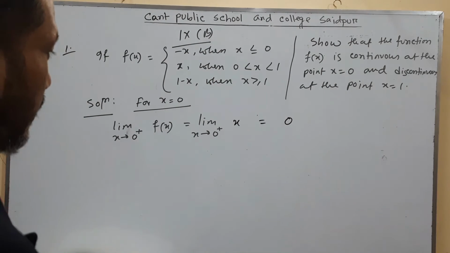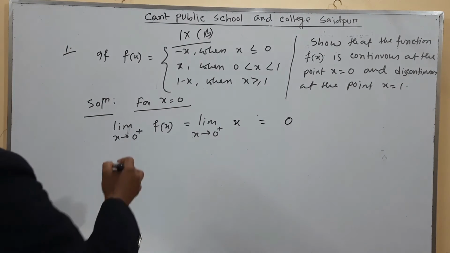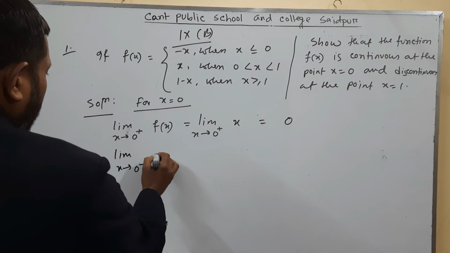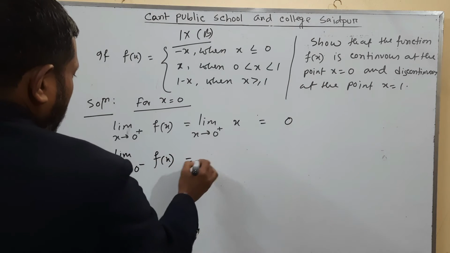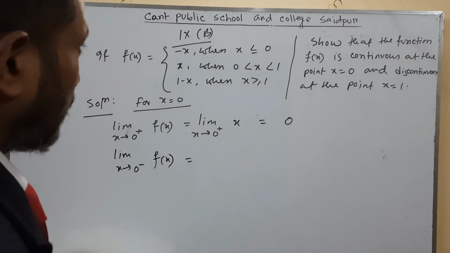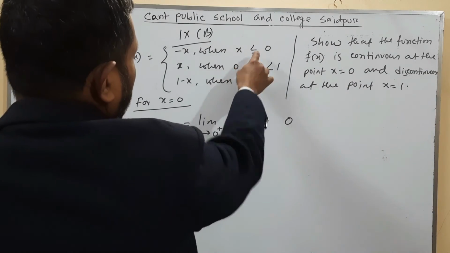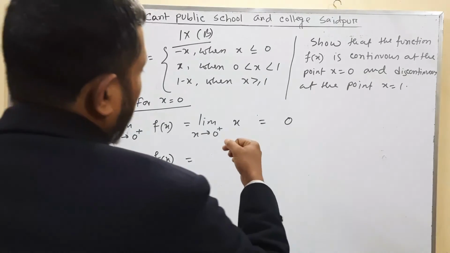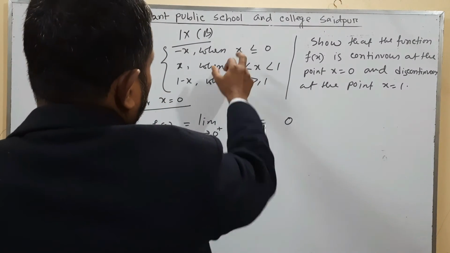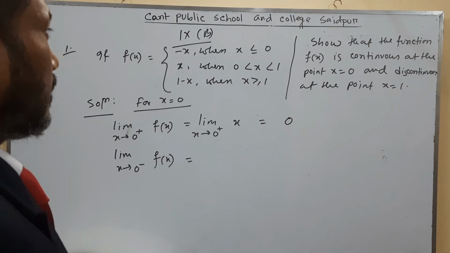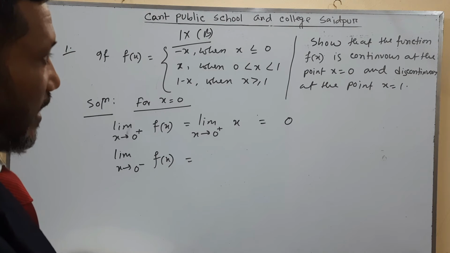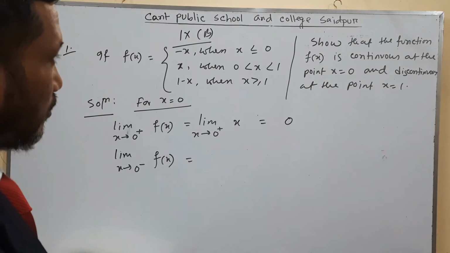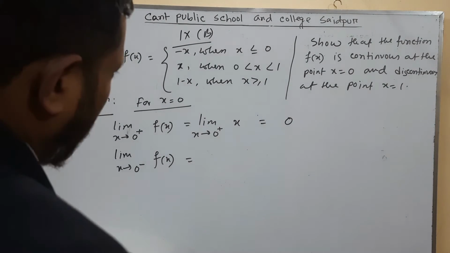If we put the value of x at 0, then we get here 0. Limit x tends to 0 minus f of x. Here the value of x is less than or equal to 0. That is the value of x which will be like 1, 0, minus 1, etc.